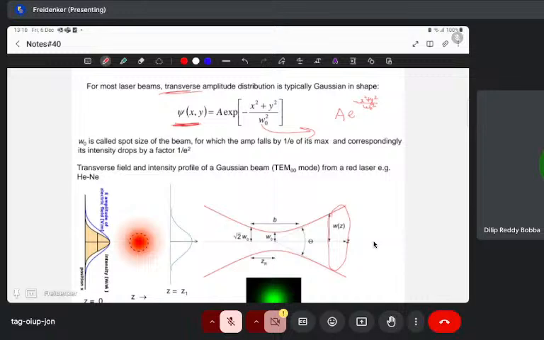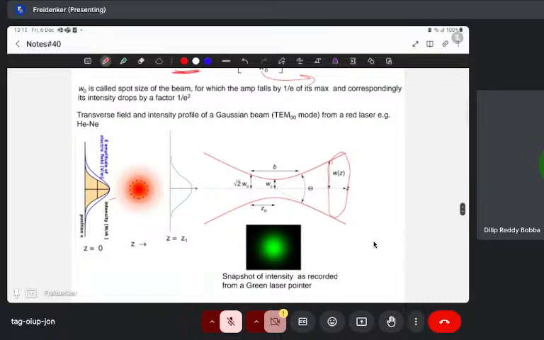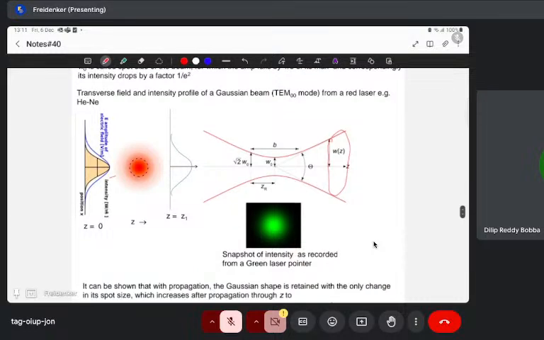So spot size is increasing, intensity is decreasing. Makes sense because if area increases, intensity will decrease. So if you have a laser shooting light out of it, spot size will increase, intensity will decrease.